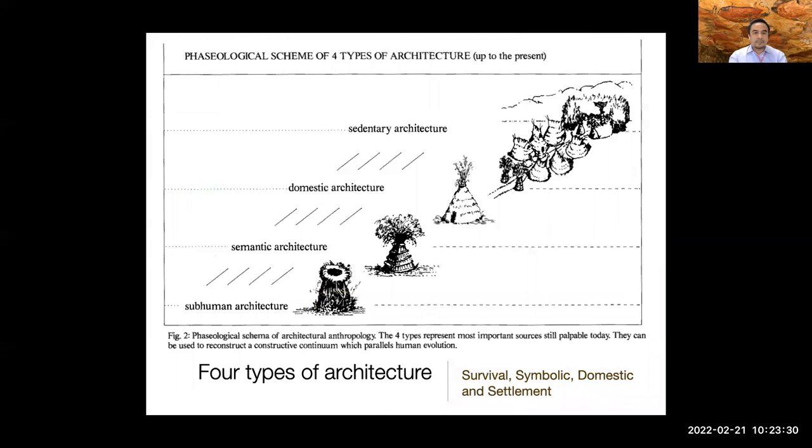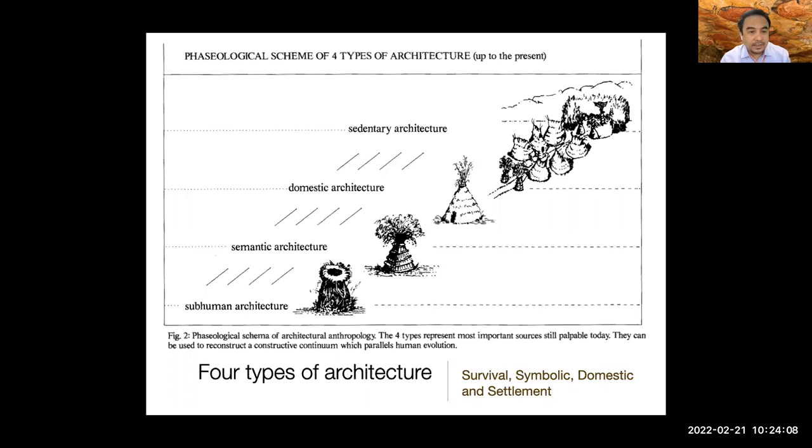In the same way, if we see this timeline of development, you see subhuman architecture. We talk about apes' nests, we talk about beehives, we talk about beaver dams, right? And then we talk about semantic architecture, something that the humans built so that it represents, it keeps their mind calm, or it helps them feel safe.